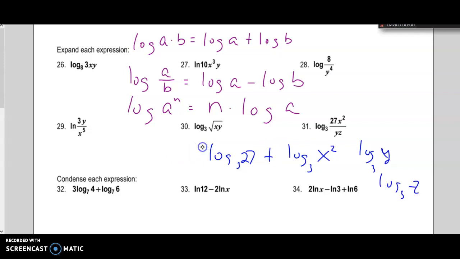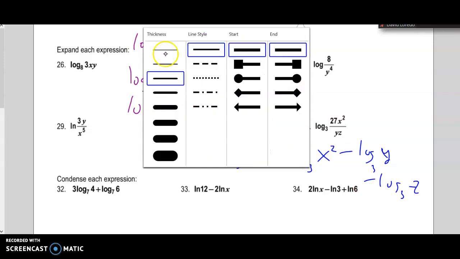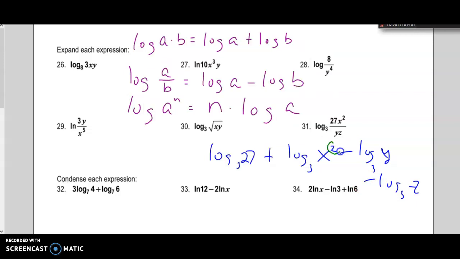So we don't need to put anything there. Y and z are on the bottom, so those have a minus in front. And last thing to do is bring that power of 2 down. So that term would be 2 log base 3 of x. And that one is expanded.